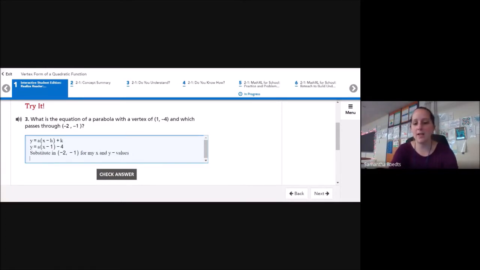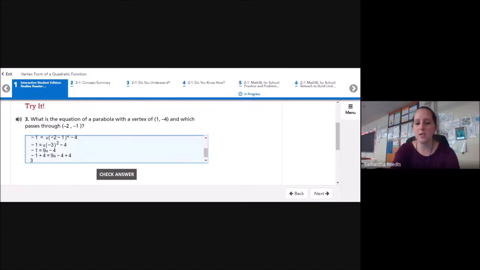When I do that, y is -1 equals a times (-2 minus 1) squared minus 4. So I have -1 equals a times (-3) squared minus 4. -3 squared is 9, so -1 equals 9a minus 4. I'm going to add 4 to both sides.